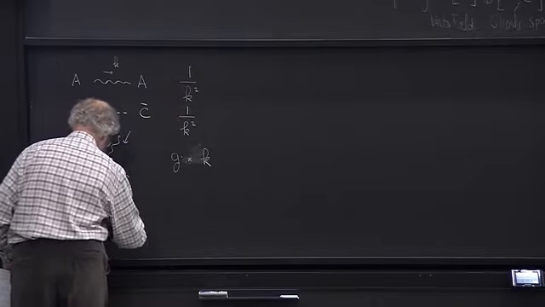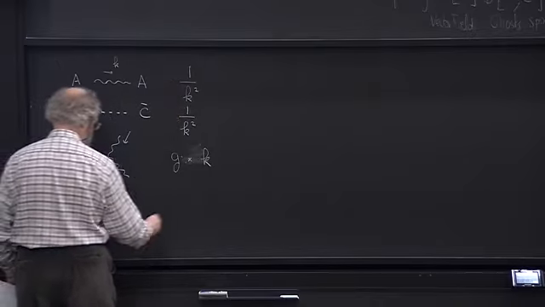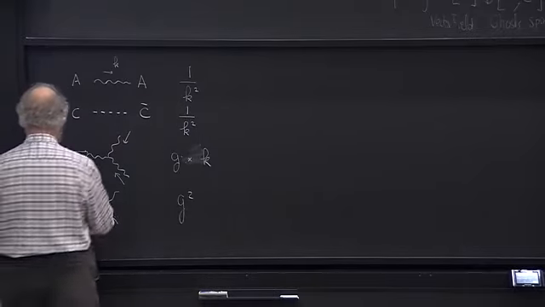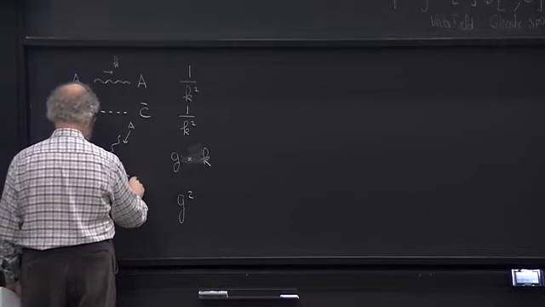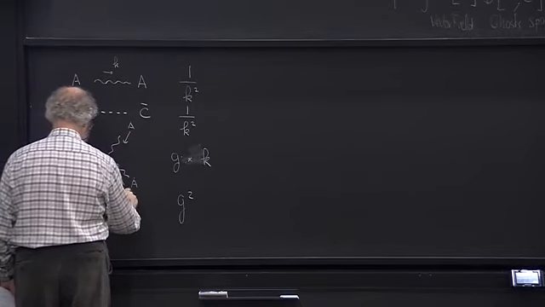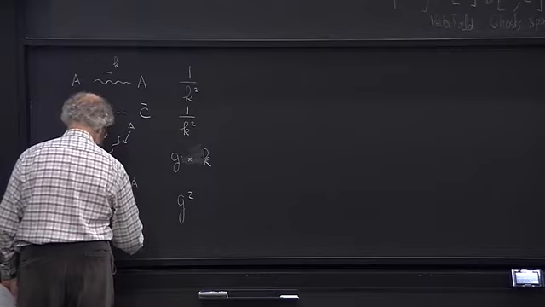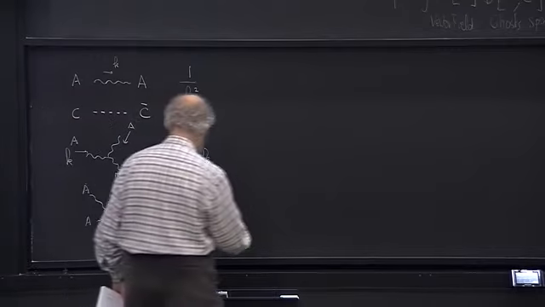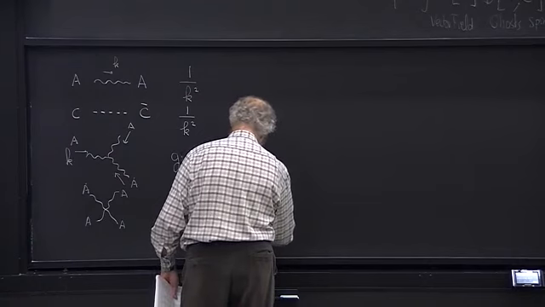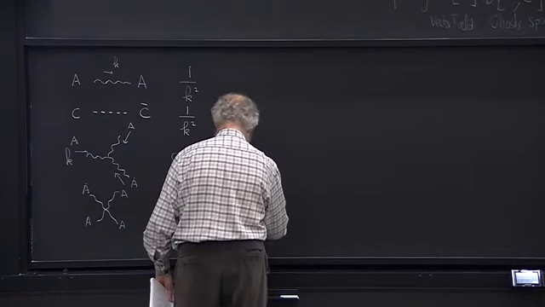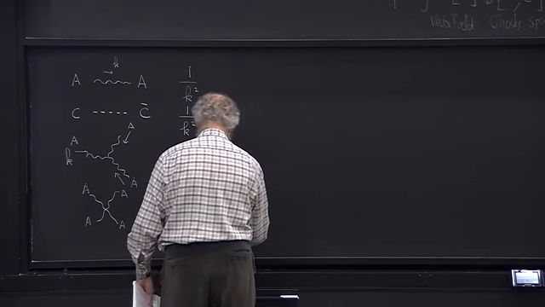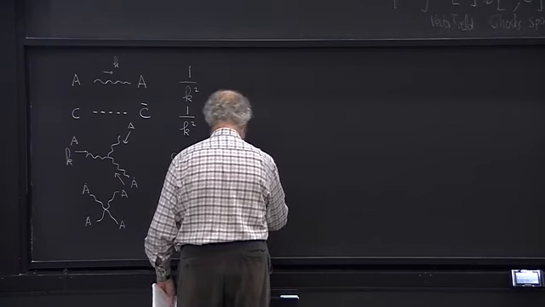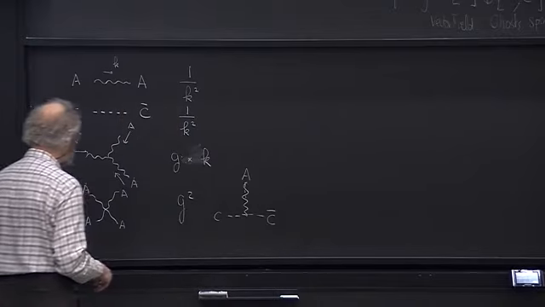We have a 4 vertex, which is just order g squared, a 4 gluon vertex. So this is an A term. And finally, we have the coupling between the gauge field and the ghost fields.